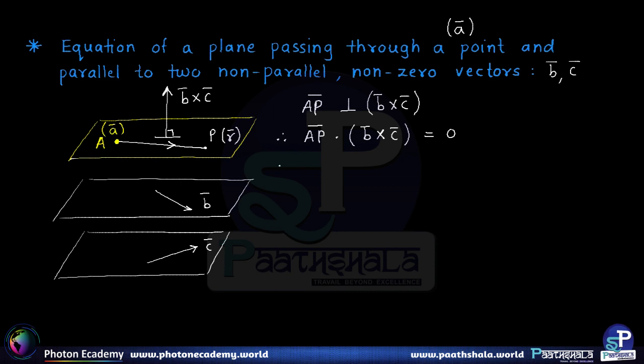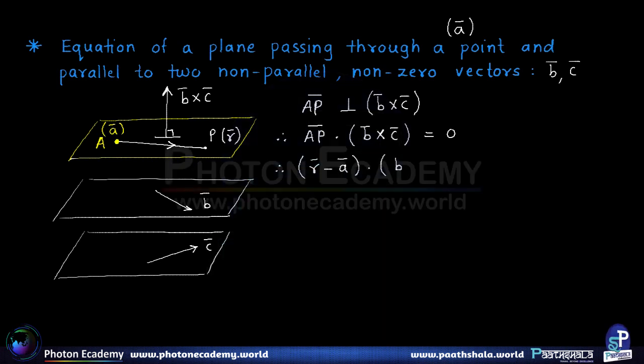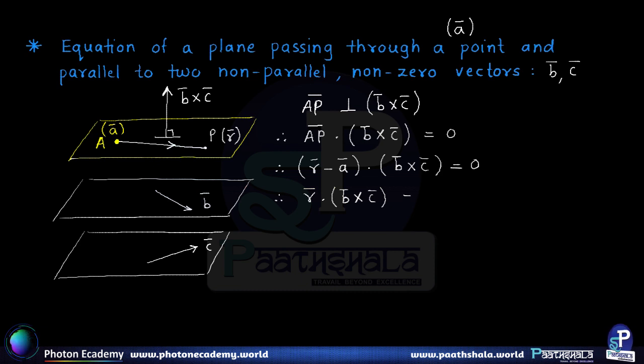So solving further, AP bar is r bar minus a bar, dot b cross c, is equal to 0. On further simplifying, we get r bar dot b cross c must be equal to, taking the other term to the right side, a bar dot b cross c.